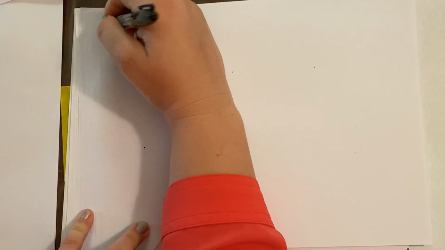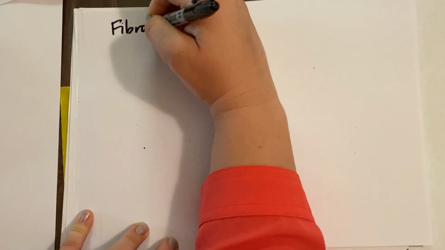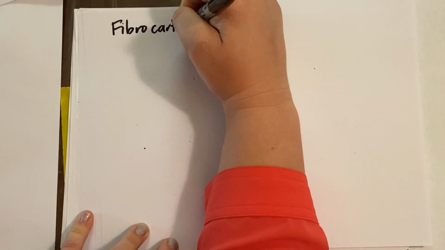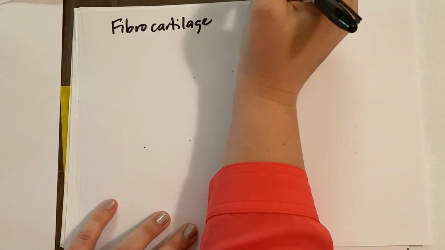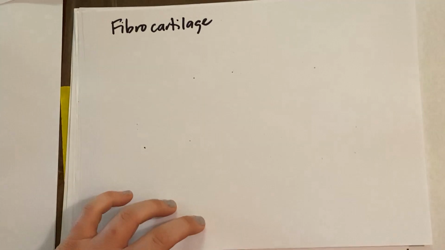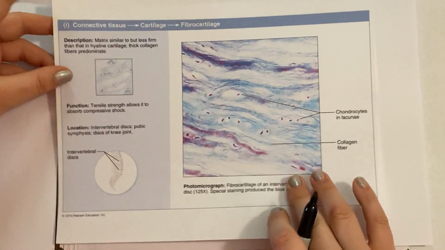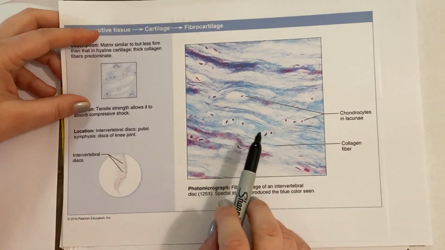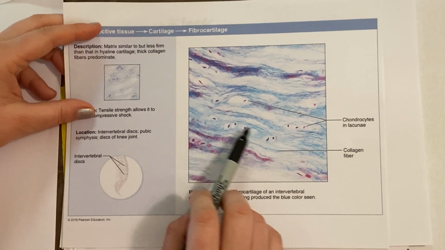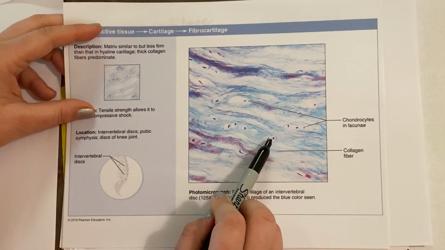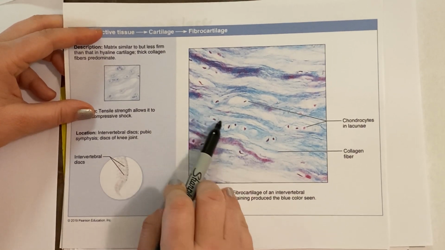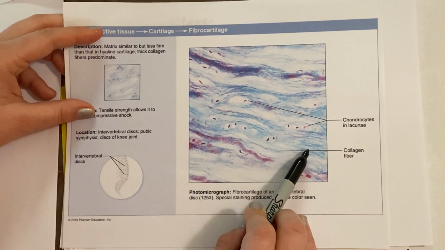All right, we're going to move on to our last type of cartilage, which is going to be fibrocartilage. All right, and this is going to look quite different, I think, from the other ones. So the main thing you're going to start seeing is that they have the cells in the lacunae, but they kind of are all on the same line.